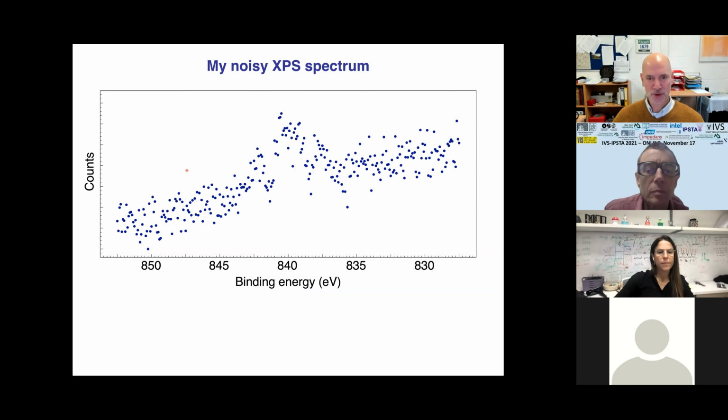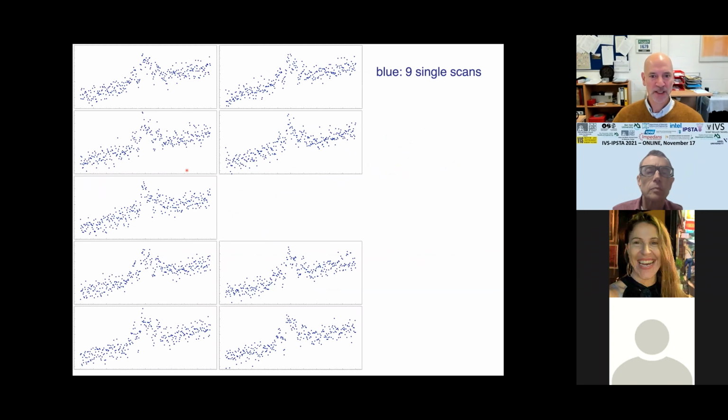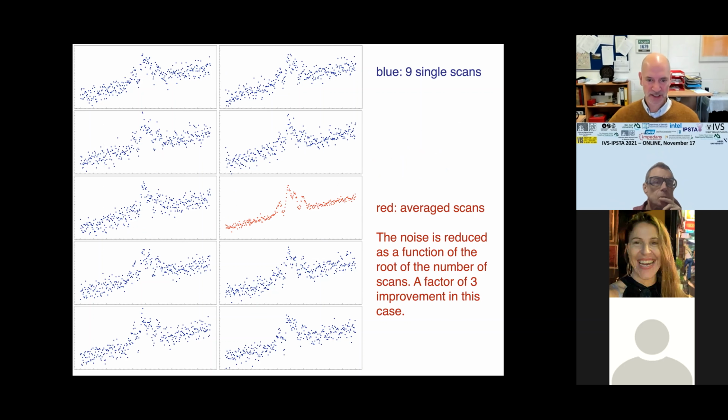So what do you do if you have a noisy XPS spectrum? You take lots of them. So if we have 9 different XPS spectra and we average all of these, then we get this one here. This red one is the averaged XPS spectrum from all of these 9. The noise is reduced as a function of the root of the number of scans, so we get an increase in the signal to noise ratio of a factor of 3.